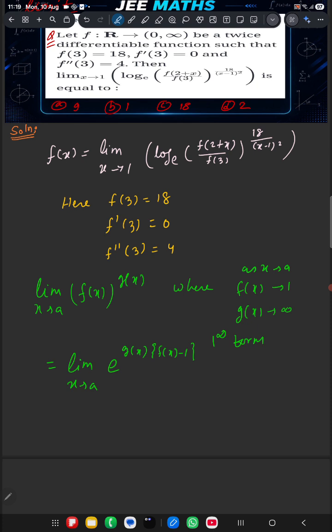This limit you have to find out. Whenever you see the 1 to the power infinity format.